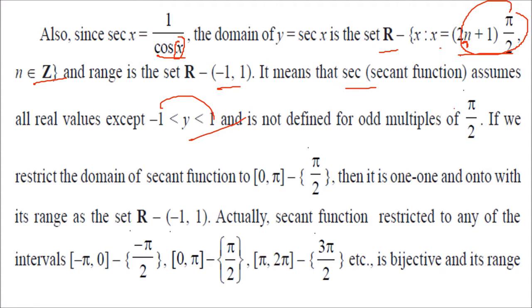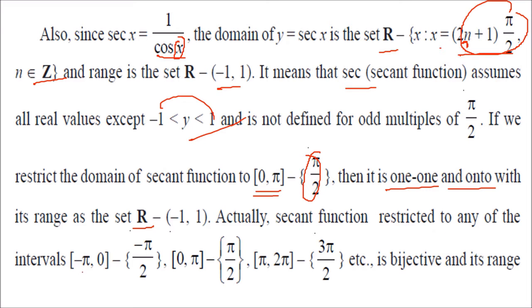So what we'll do here is restrict the domain of the secant function to 0 to pi except pi by 2. Why? We cannot take the whole sec function. If we take the whole, it will not be one-one and onto. For one-one and onto, we have to restrict ourselves. So we are restricting to 0 to pi, which makes the secant function one-one and onto with the range R except between minus 1 and 1. The secant function can be restricted to any of these.